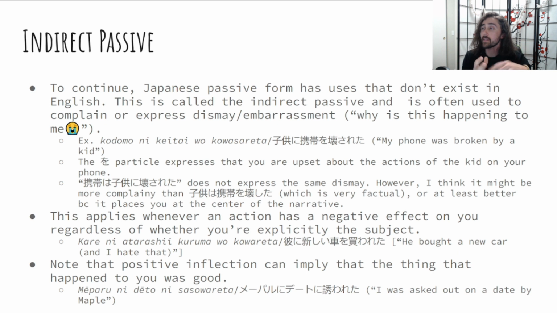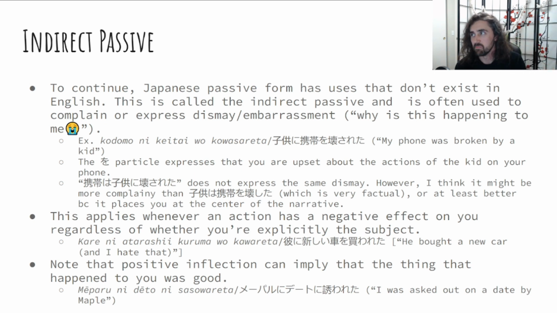And this is actually a good lead-in, because this also has a lot to do with inflection, right? Because you can use a positive inflection in order to express that whatever happened to you was a good thing. So if you said, Maple ni deito ni sasawareta, in a neutral tone, it might automatically be assumed as negative.